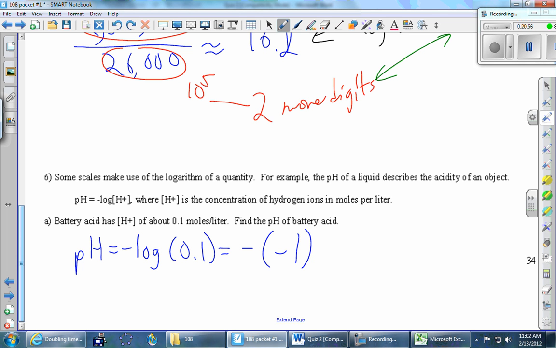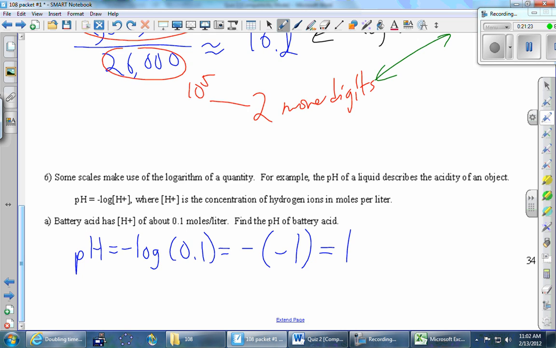It's negative 1. 0.1 is a tenth, it's 10 to the negative 1. So what is the pH of battery acid? 1. Remember, the pH scale is between 0 and 14, with 7 being neutral. Battery acid, would you guess it's acidic or basic? It is acidic. So apparently the acidic things are on the small side of the scale, 0 to 7. The acids are 0 to 7, 7 to 14 are the bases.